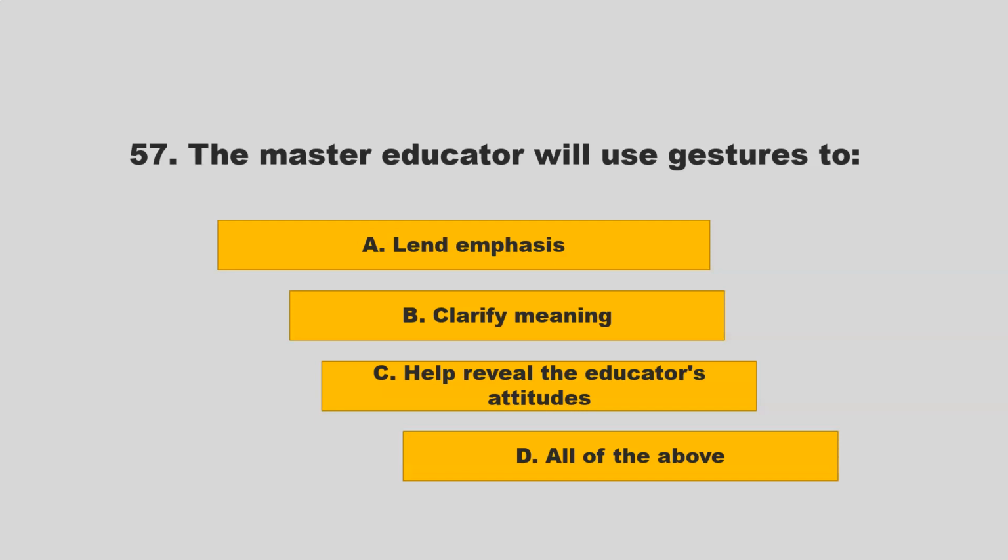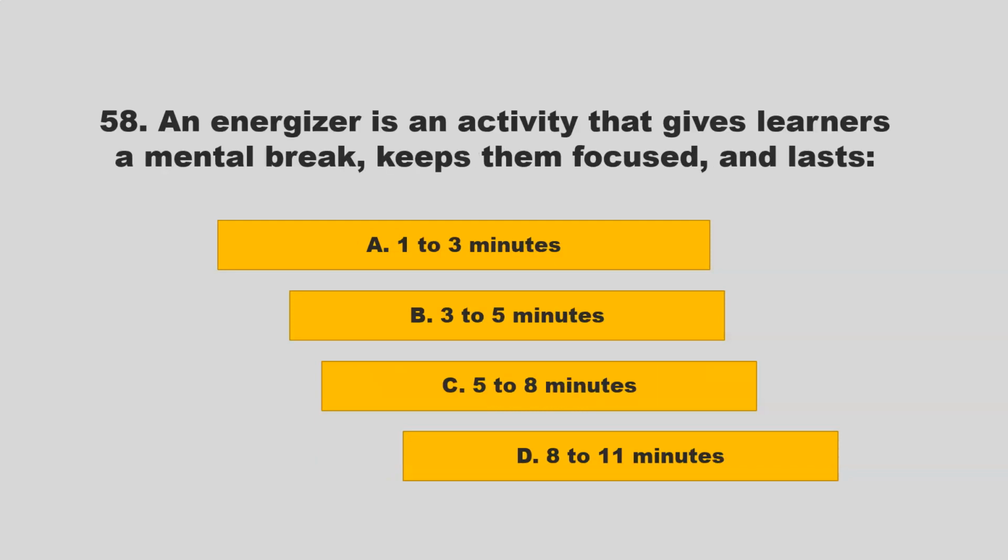The Master Educator will use gestures to lend emphasis, clarify meaning, help reveal the educator's attitudes, all of the above. If you chose D, all of the above, you are correct.